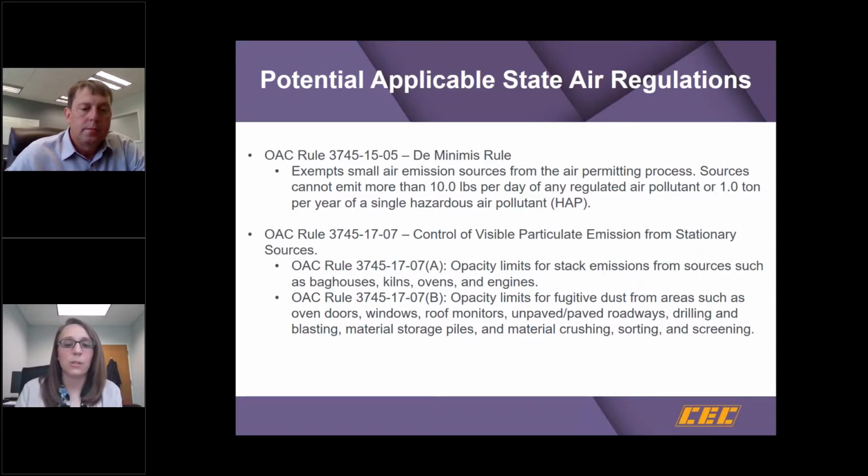One is 1707, and that's for any stack emissions. So that would be emissions from kilns, ovens, and engines. And then 1708B is for fugitive dust, so from things such as oven doors, windows, roadways, any type of material handling, crushing, sorting, and screening.